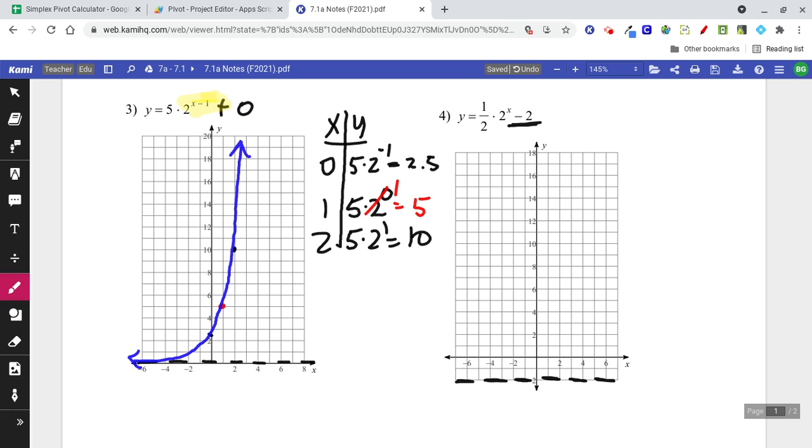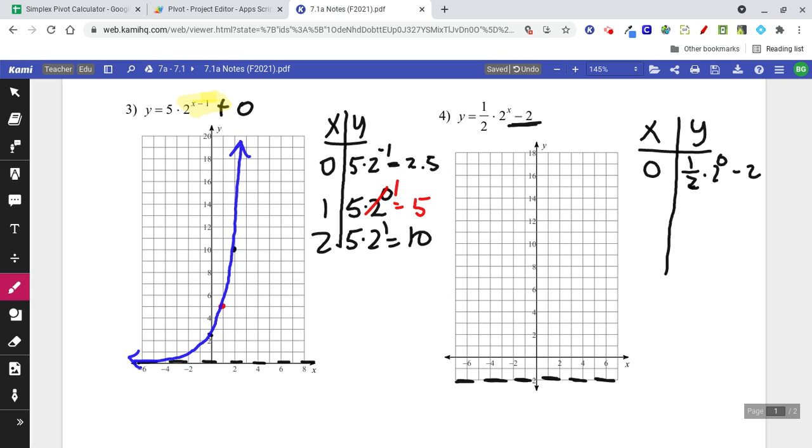So let's plug some stuff in. Think about it this way. What's going to make your exponent equal 0? In this case, that's 0. So that's probably a good number to plug in. You have 1/2 times 2 to the 0 minus 2.